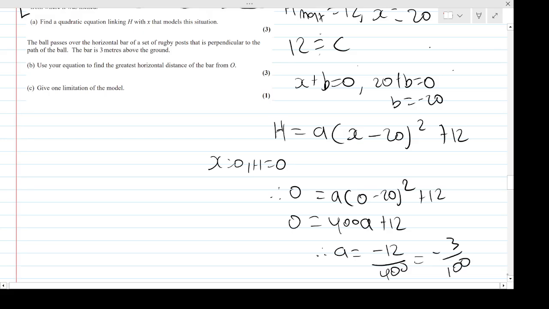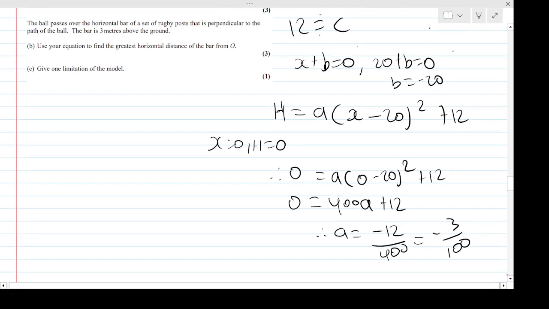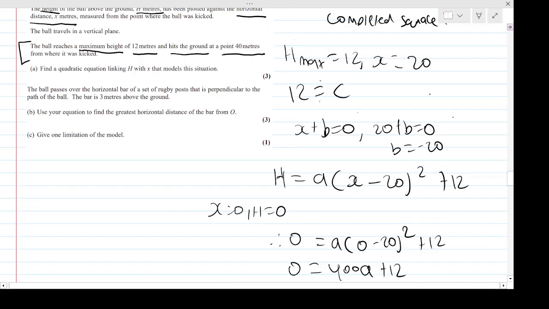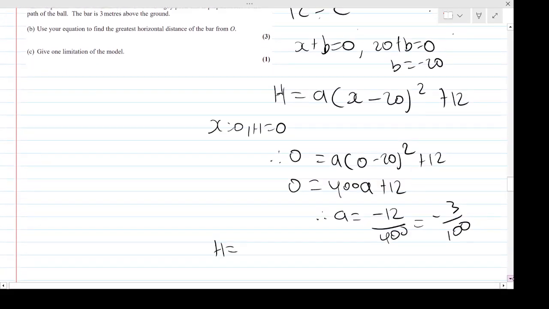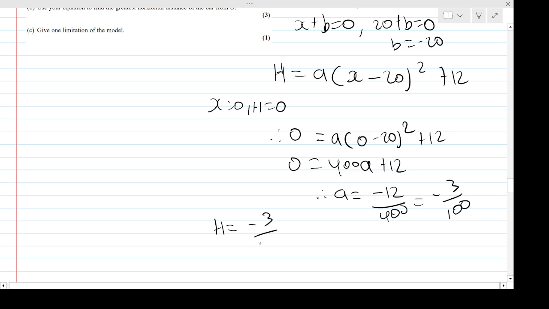So that's the value of a. Therefore, I can fill in the information. What's the equation here? The equation of h is minus 3 over 100 lots of x minus 20 all squared, add 12. Cool.